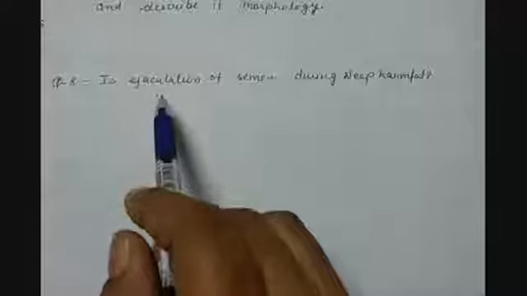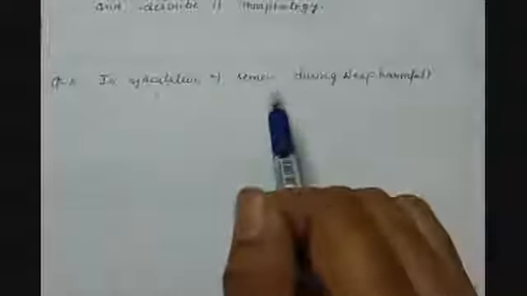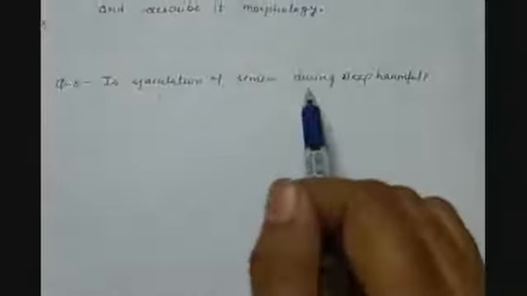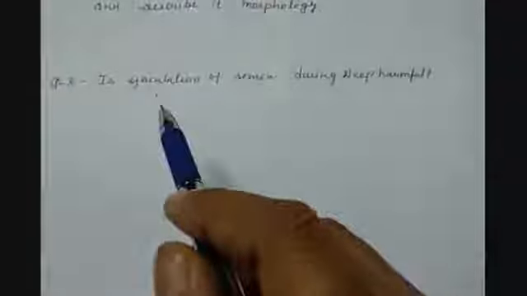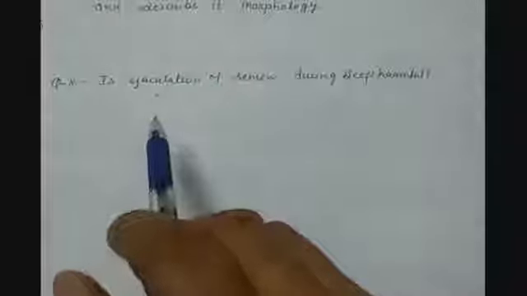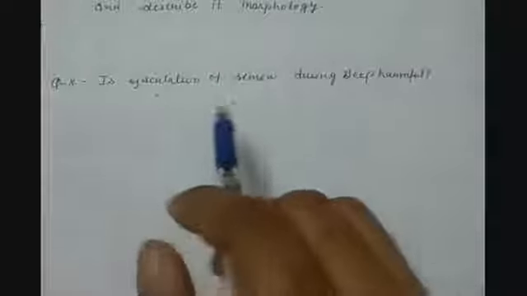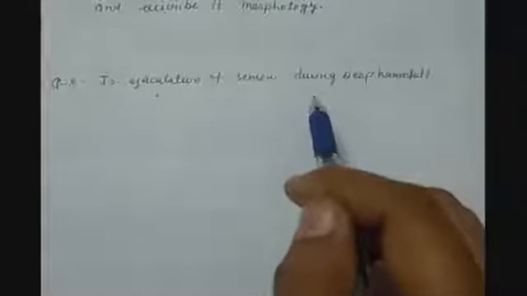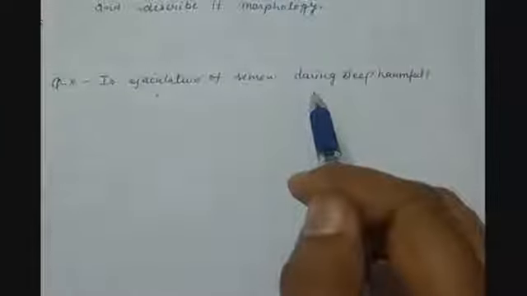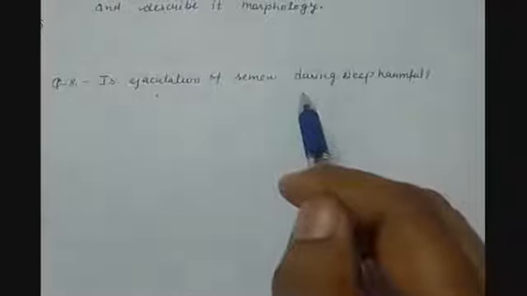So here, ejaculation of semen during sleep. That is also necessary, that is why the ejaculation of semen happens during sleep. The reason is that after puberty or in adolescence, males have sexual desire, or while sleeping they feel some sexual desires.